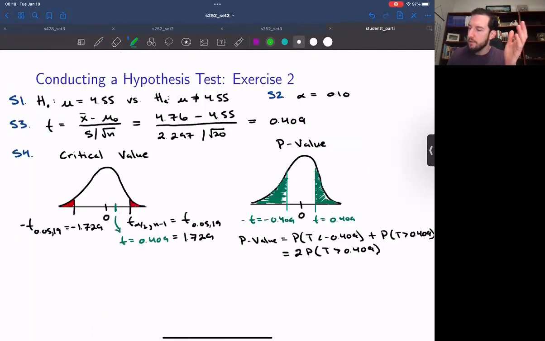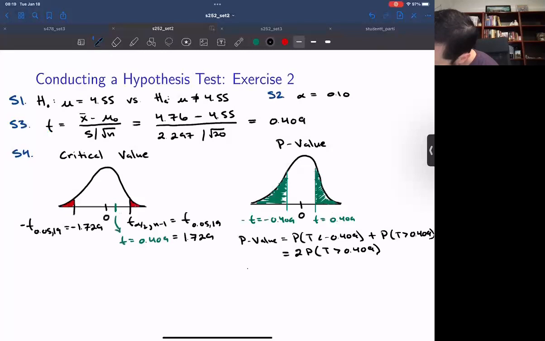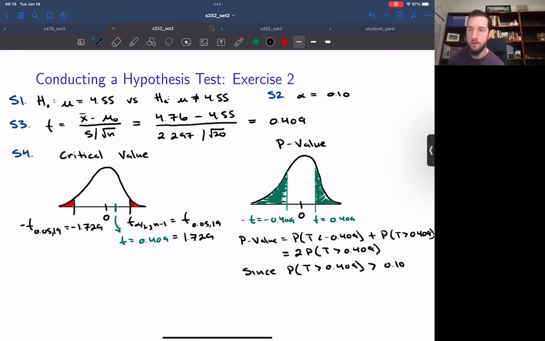So we can say, since the probability that t exceeds 0.409 is greater than 0.1, then the p-value must be greater than 2 times 0.1.